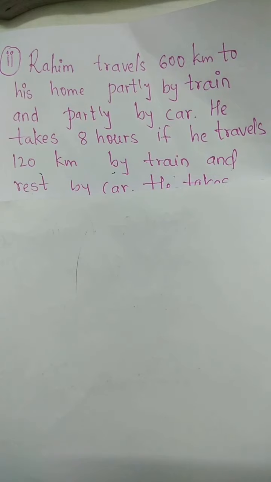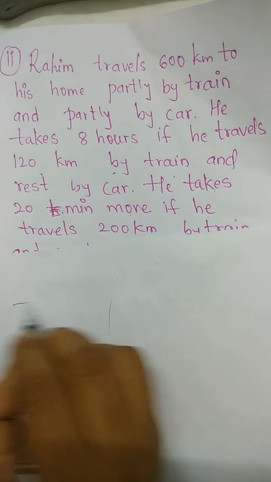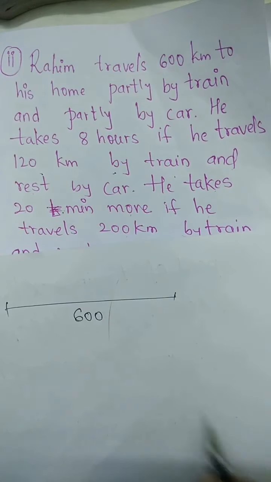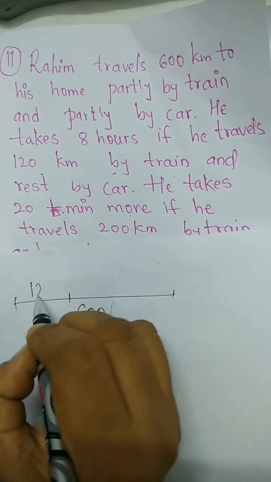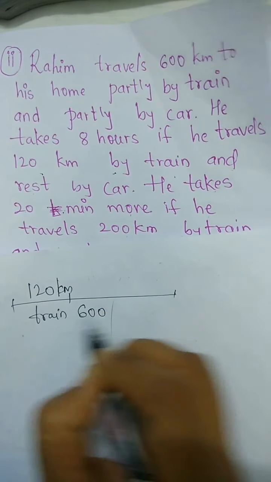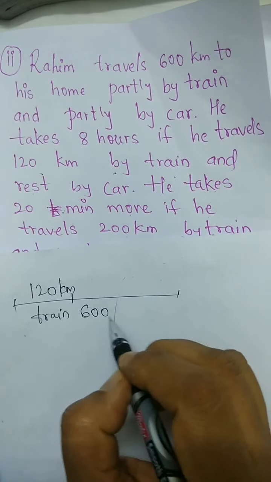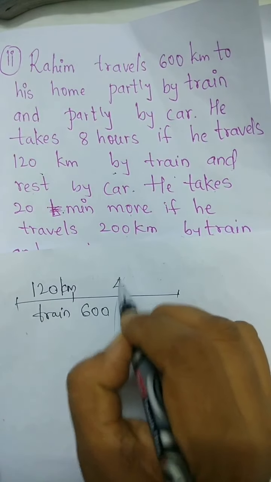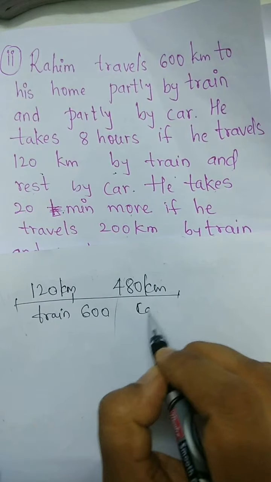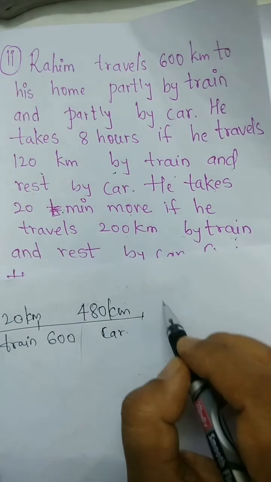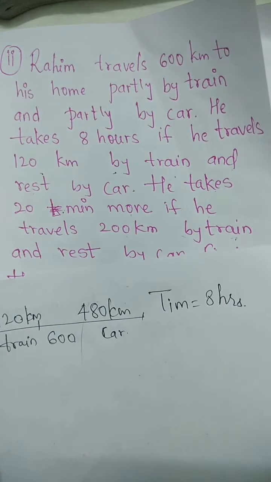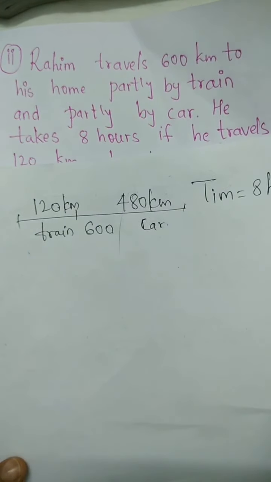Out of 600 kilometers, he is traveling 120 kilometers by train and the remaining will be 600 minus 120, 480 kilometers by car. Then he takes how much time? 8 hours. Okay, this is the first condition given.